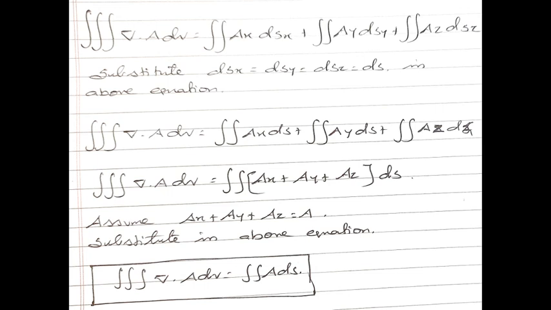Next we assume ax plus ay plus az as a, and substitute this in the above equation. We get the double integral of a ds. On the left side we have the triple integral of del dot a dv. Hence it is proved. So finally the divergence theorem is: the triple integral of del dot a dv is equal to the double integral of a ds.